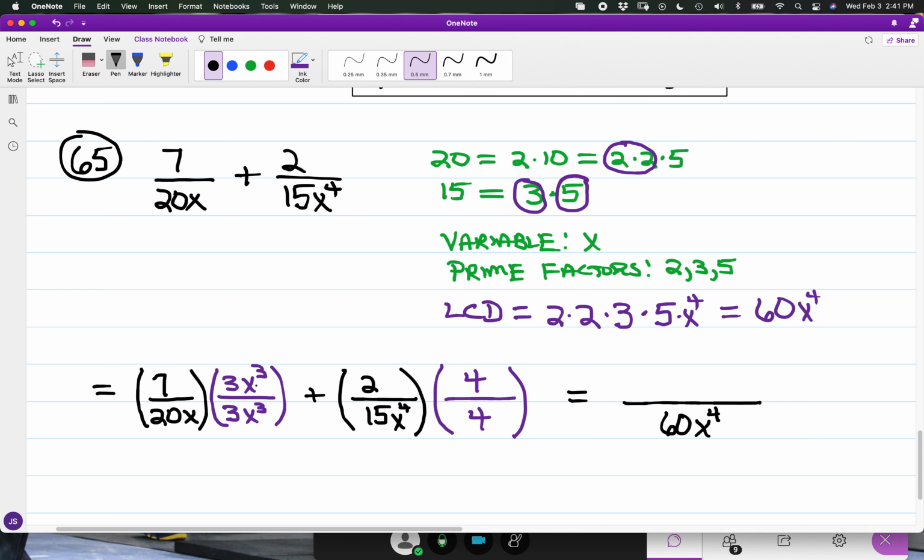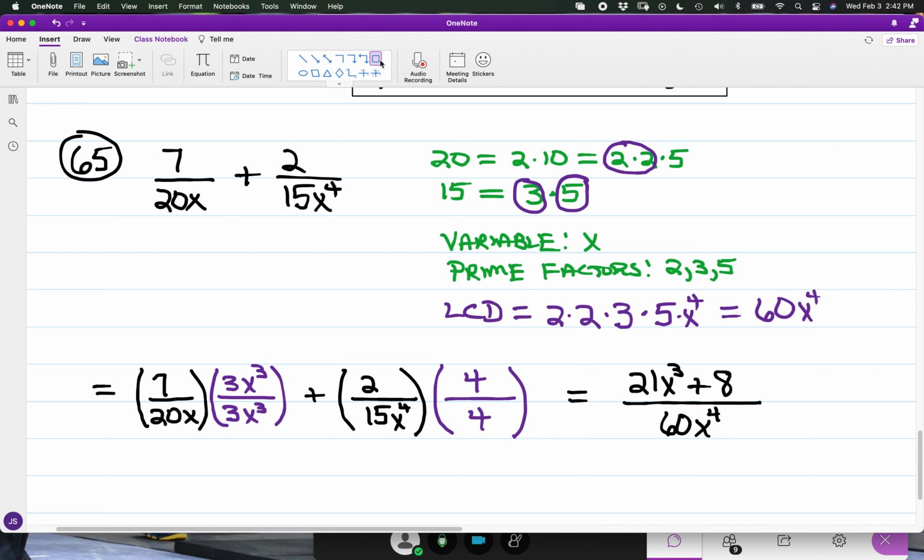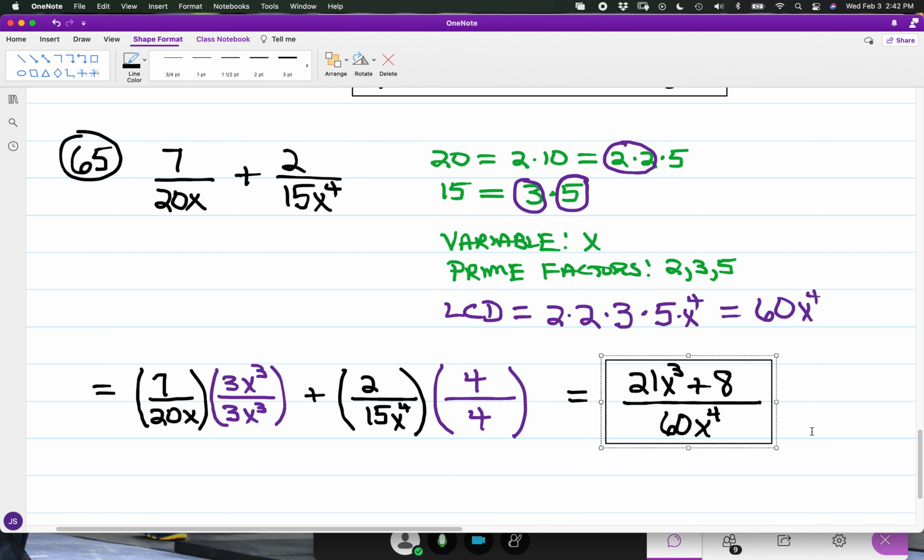With the numerators, we have 7 times 3x cubed, so 21x cubed over 60x to the fourth, plus 8 over 60x to the fourth. By then you can consolidate, and we have the combined fraction: 21x cubed plus 8, all over 60 times x to the fourth.